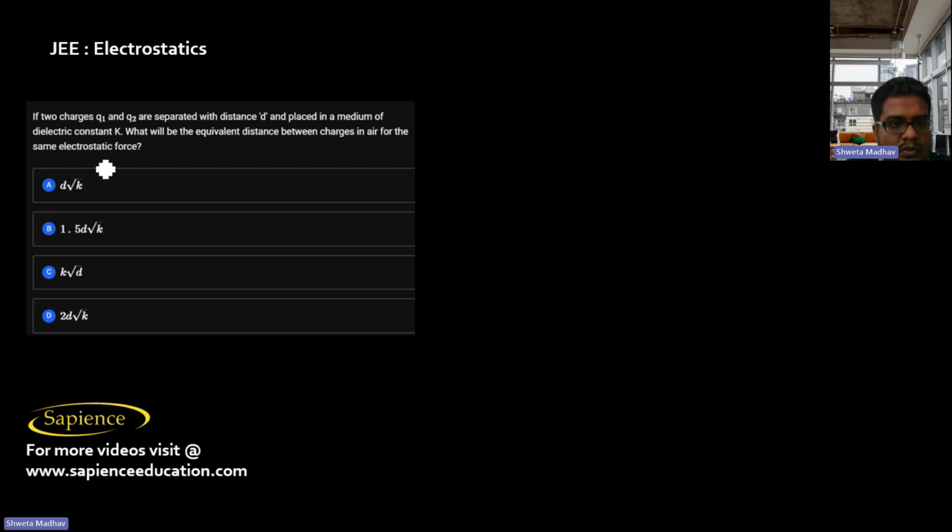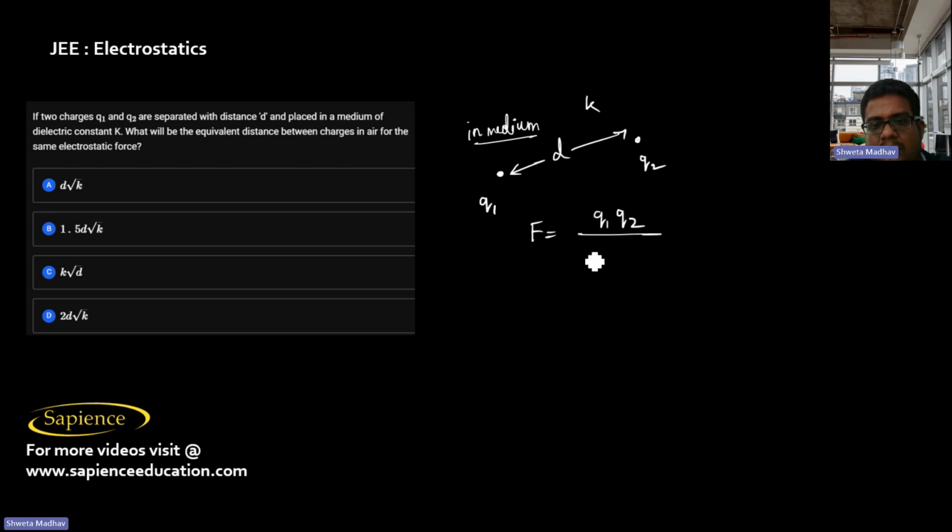And here it is told, if two charges Q1 and Q2 are separated with distance d and placed in a medium of dielectric constant K, what will be the equivalent distance between charges in air for the same electrostatic force? So here the force in the medium will be equal to Q1 Q2 by 4 pi epsilon naught into epsilon r, means the dielectric constant K, into d square.